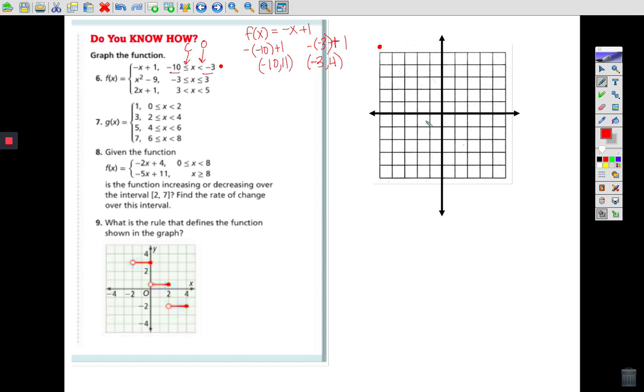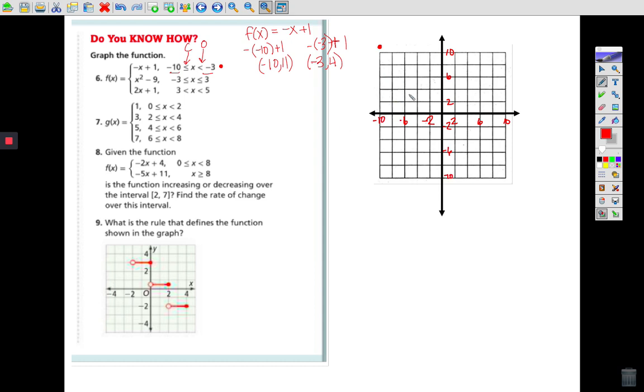Then if this is negative 2, I could have labeled negative 2, negative 6, negative 10, just so it's not taking up too much room. Do the same here: 2, 6, 10, negative 2, negative 6, negative 10.